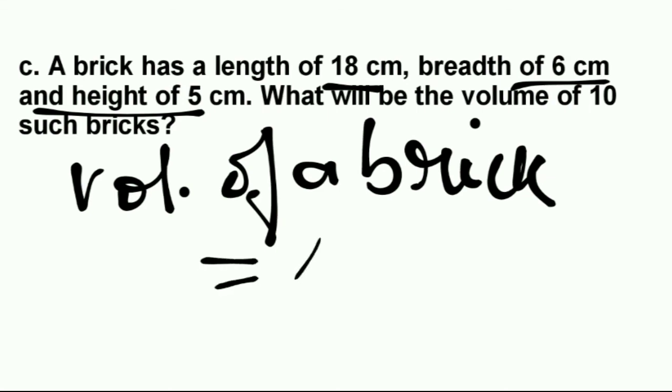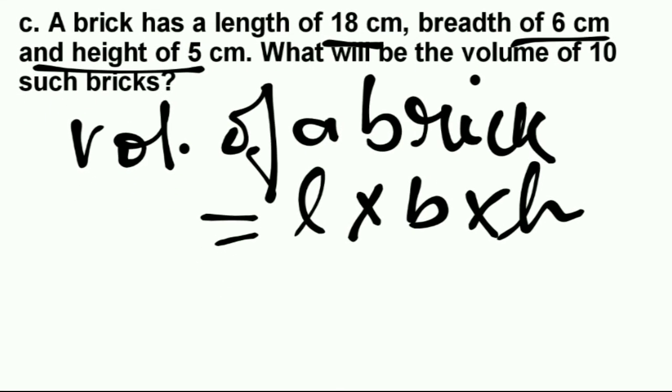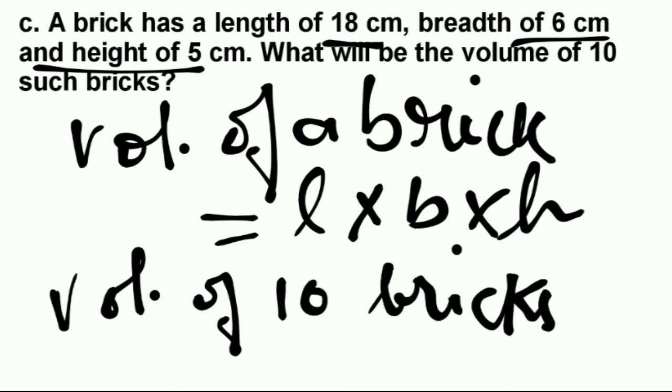That is length into breadth into height. So whatever volume will come, that is for one brick. But we have to find volume of 10 bricks. So what we can do? We can multiply by 10 of that given volume. So we get the answer.